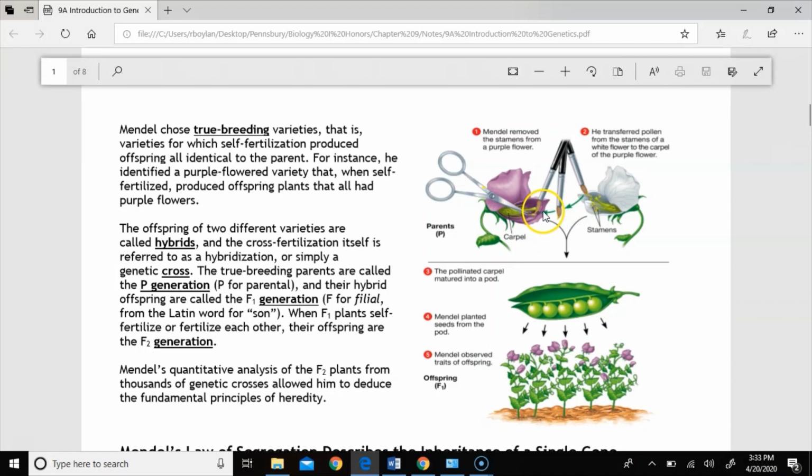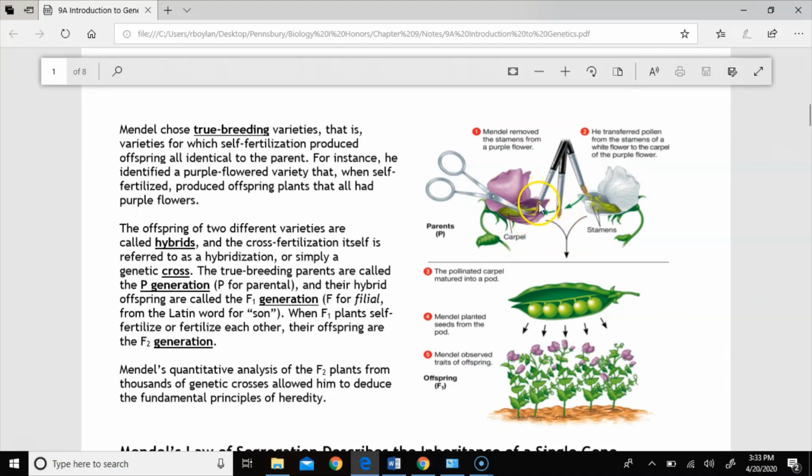Then he took a paintbrush and he could paint whatever plant he wanted. In this case, maybe he cut off the anthers, the stamen, from the purple flower, and he took all the pollen and started dusting it with a paintbrush. By removing the male parts, he knows that if this plant produces seeds, they're going to be the seeds from a different plant.